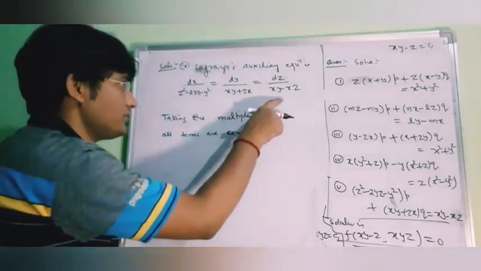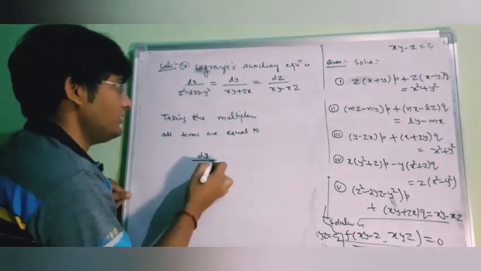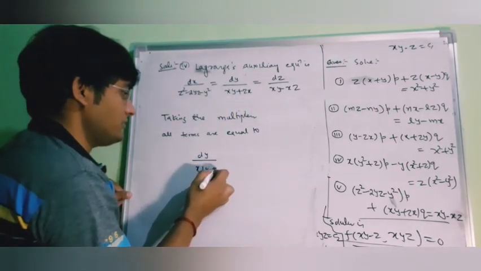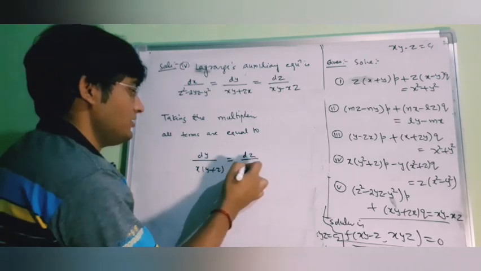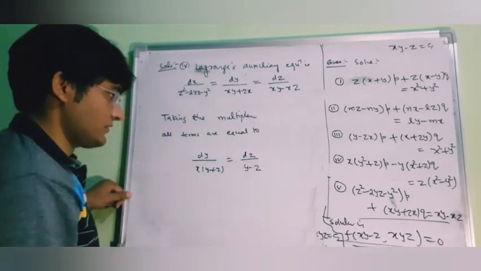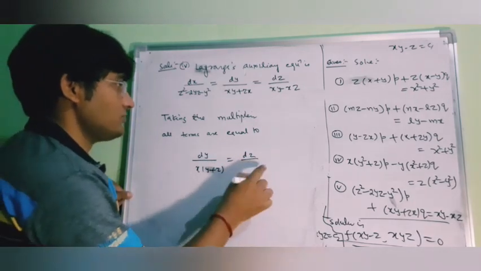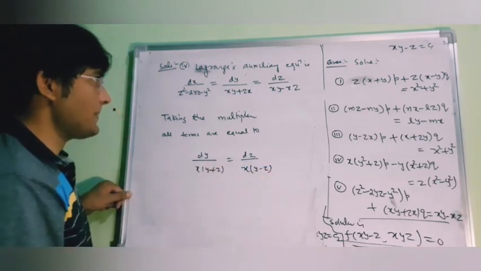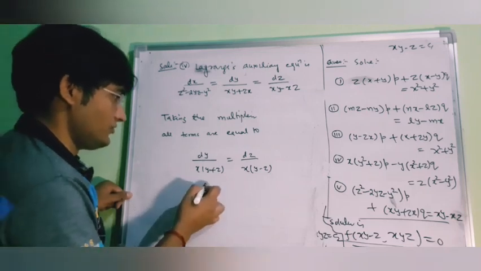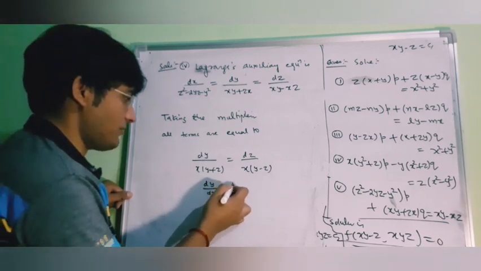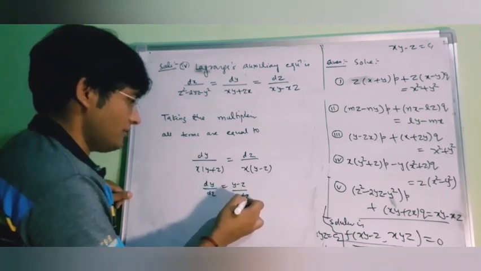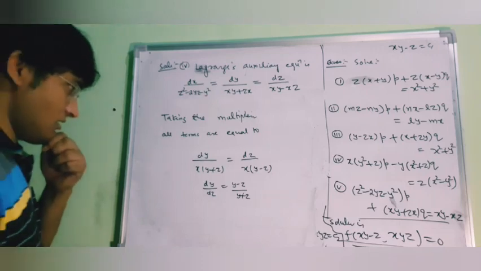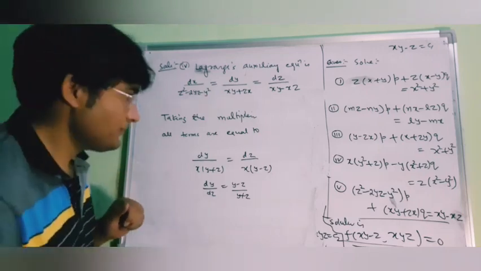Now if we take the second and third term, then we will have dy upon x common, y plus z, and in the right hand side we will have dz upon y minus z, and x is common. Now we can solve these two equations. So that means we have dy upon dz equal to y minus z upon y plus z. Now it is easy to solve this equation, but I do not want to use this method.